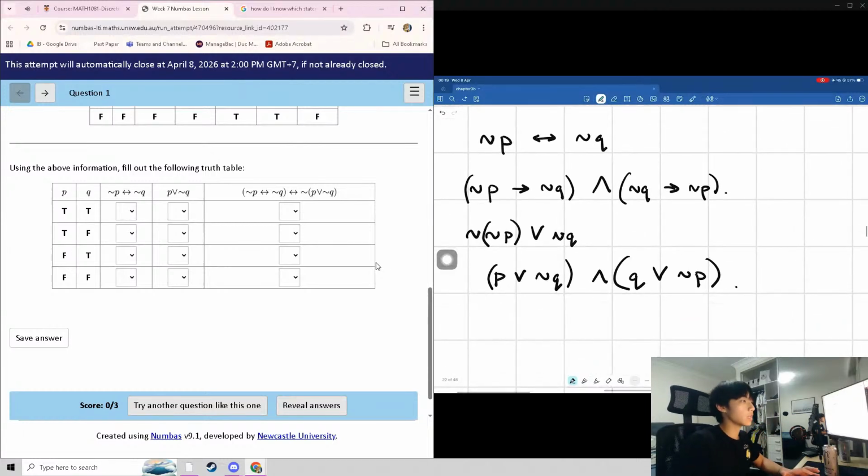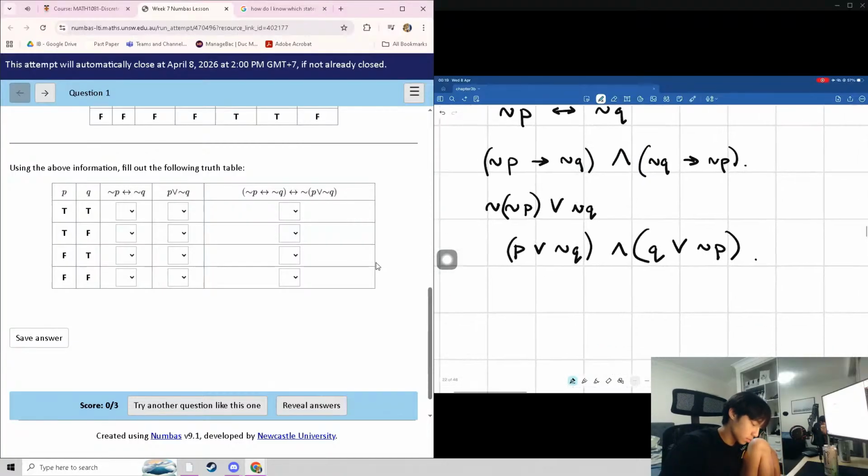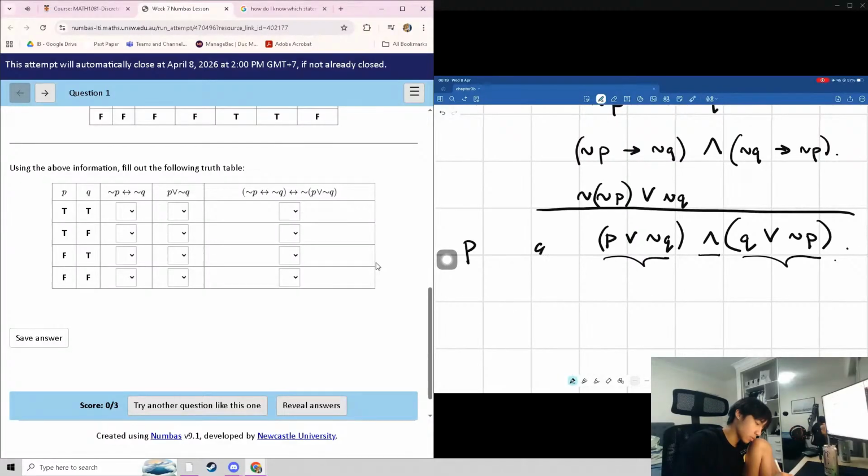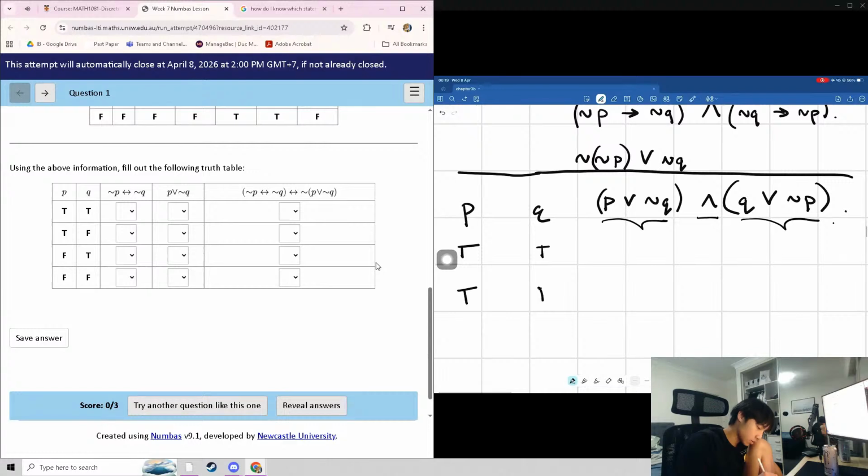Has that made it any better for us? This is an and statement here, so I need this statement to be true and this statement to be true for P and Q. So true true, true false, false true, false false. Let's think about this for a second.